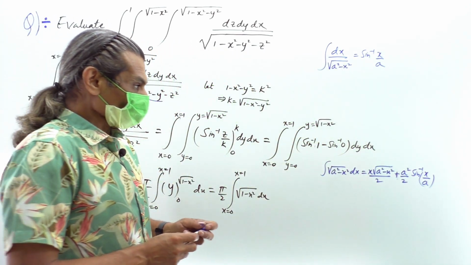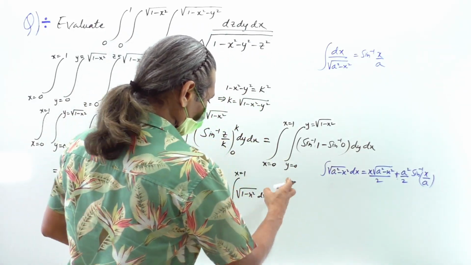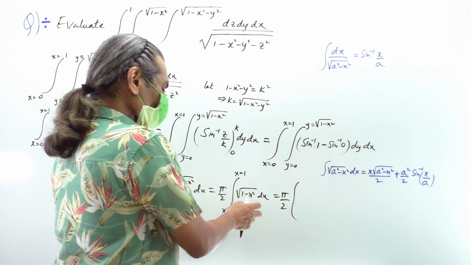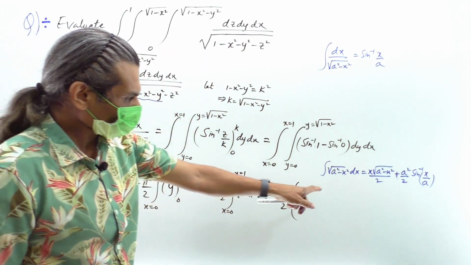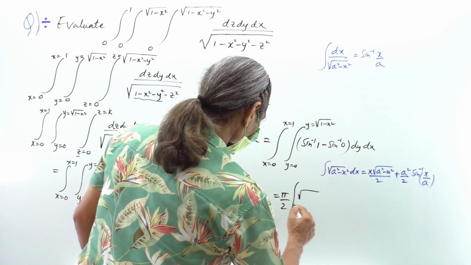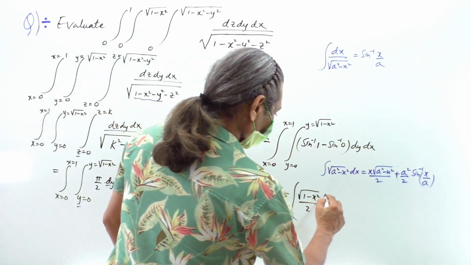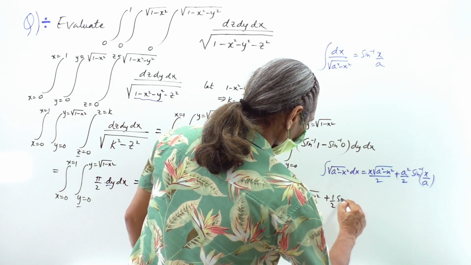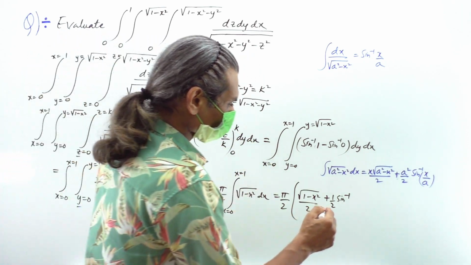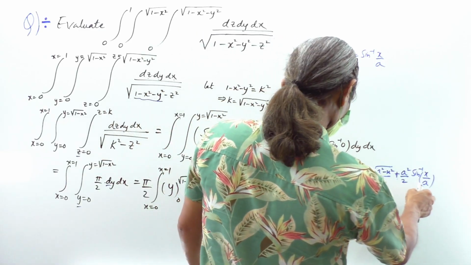Now if you use this formula here, a is 1. So when I apply the integral here, this will be pi by 2, and this integral sign will vanish. Since a is equal to 1 here, a square minus x square gives x root of 1 minus x square by 2, plus a square, which is 1, by 2 sin inverse x by a.